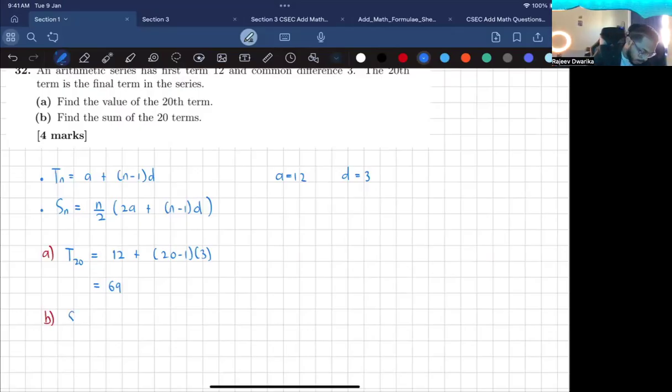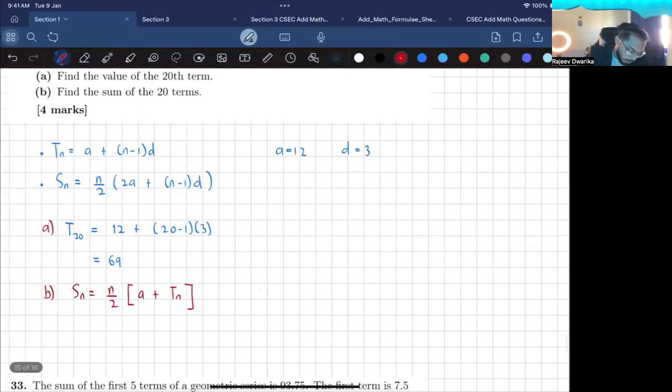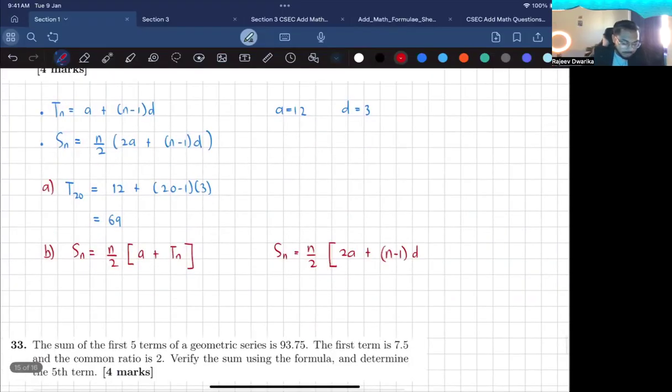And see what happens. So we have S of 20, and make sure I write your formula. So you are telling me S of n is equal to n over 2 by a plus T of n. Okay. And the formula we are accustomed with is n over 2 by 2a plus n minus 1 d. Okay. So Annalie, you remember what I told you, that you could do some modifications and prove that this is equal to this?